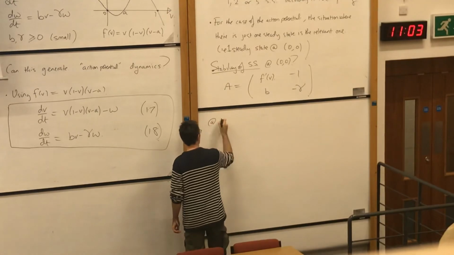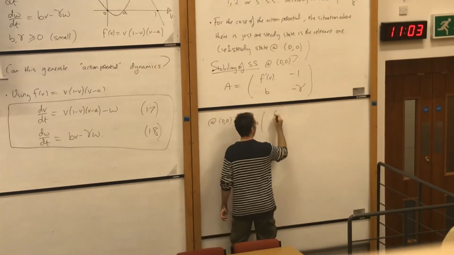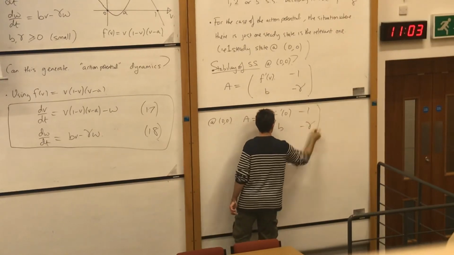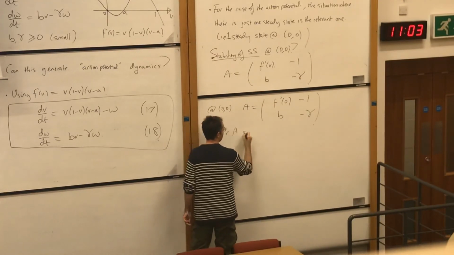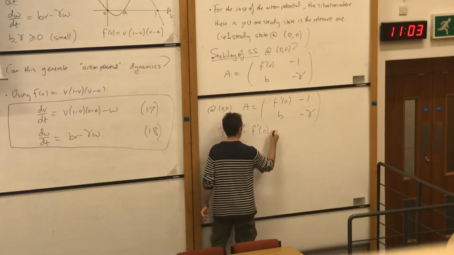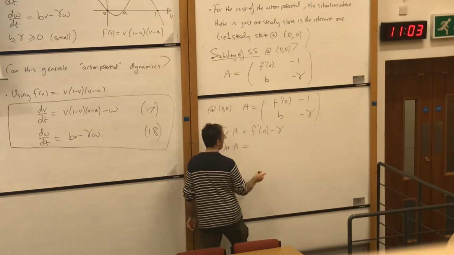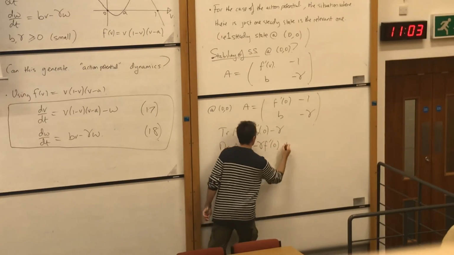And at 0, 0, A is going to be equal to f dash of 0, minus 1, beta, minus gamma. The trace of A is f dash of 0 minus gamma. The determinant of A is minus gamma f dash of 0 plus beta.